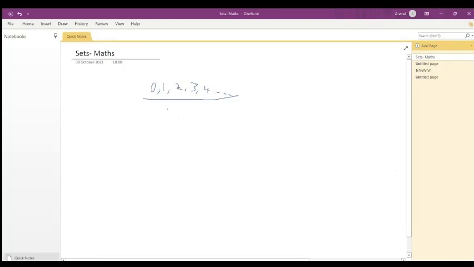So we are saying a set of whole numbers that are less than 10, then we won't list the whole thing.